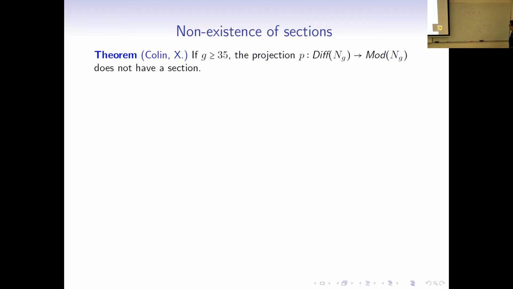In the case of the torus, the mapping class group is the group SL2(Z), and this is well known to have a section.